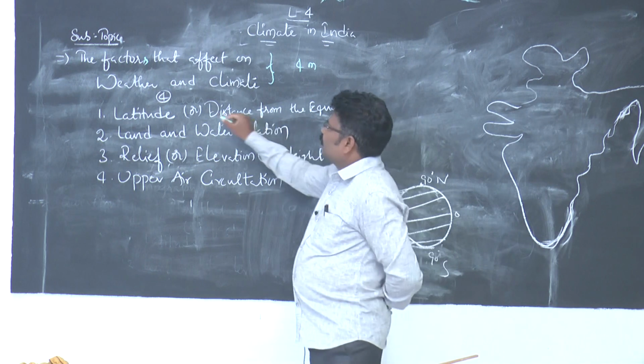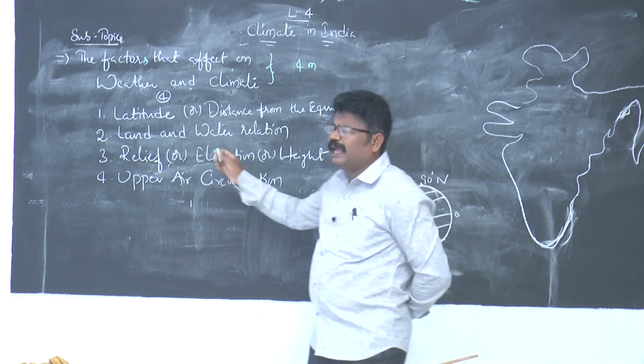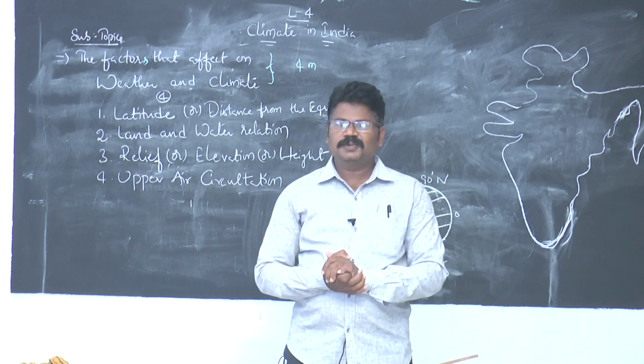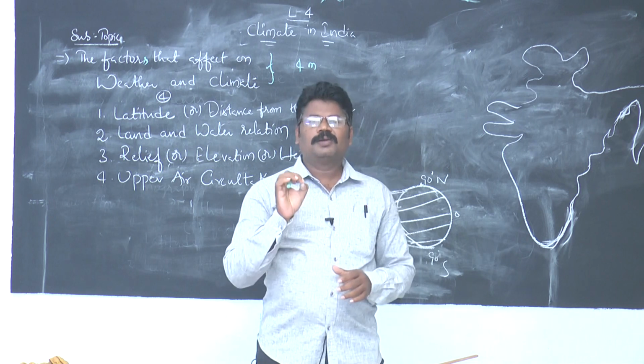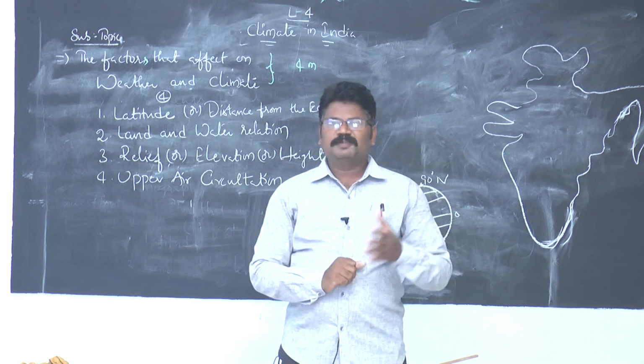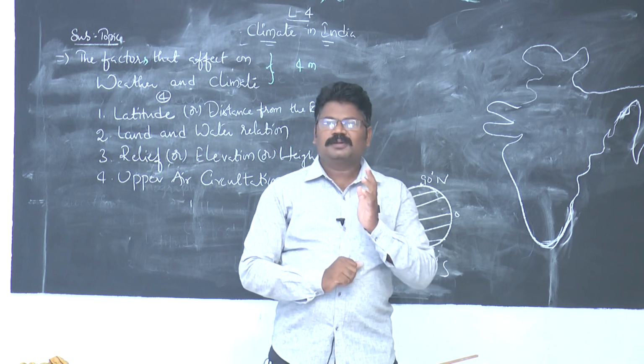Now let us learn the first subheading, latitude. Latitudes and longitudes: whether you observe a globe or a map, I already told you in previous lessons, we have learned about map and globe.